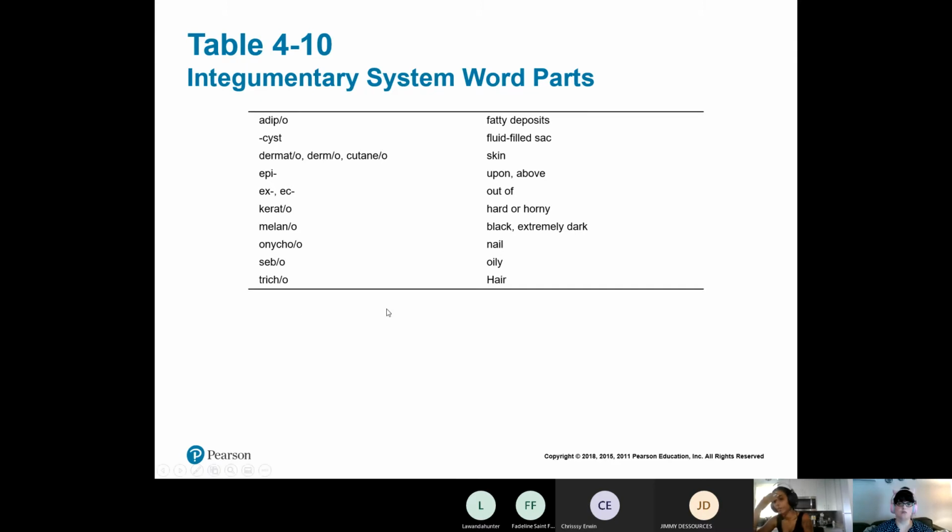I'm going to give you a list. Don't worry about this too much, because when we go into each system, I will assign the chapter in the medical terminology book that accompanies it. Does that make sense? Yeah.